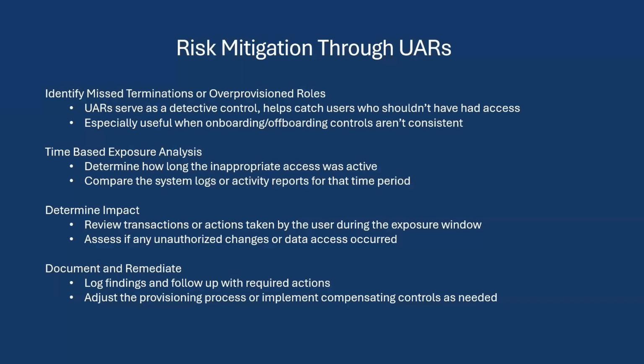All right. So this is a key component here, risk mitigation through a UAR. What happens in your user access review when you identify a user who has clearly had inappropriate access for a while? What are the procedures you need to do?